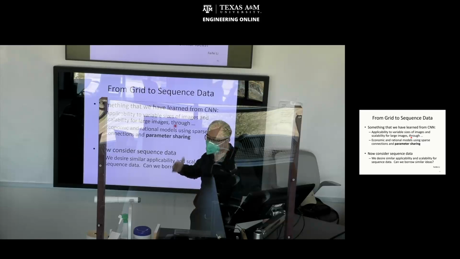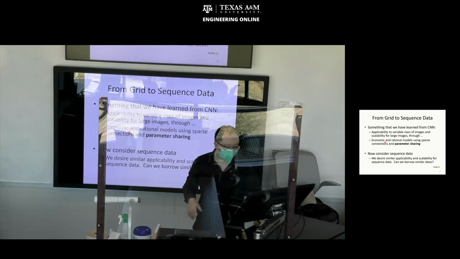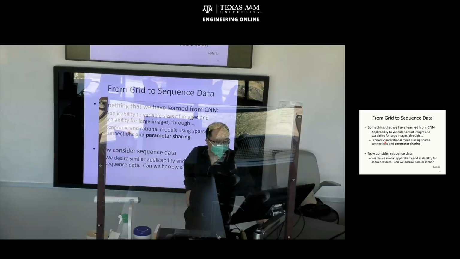So the receptive field is actually very wide, given the depth. And we accomplish that through very sparse, local connections, 3 for instance. And we use parameter sharing.